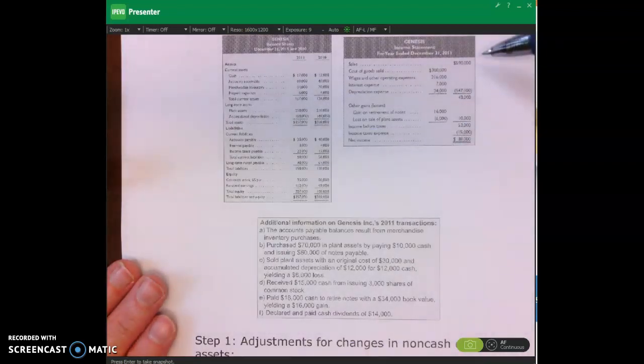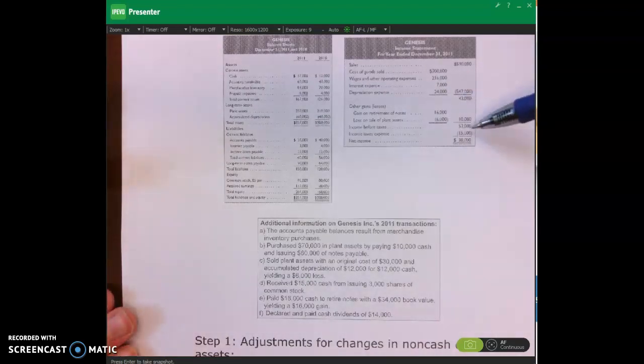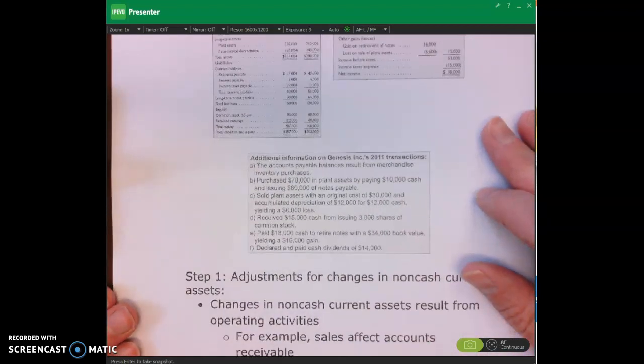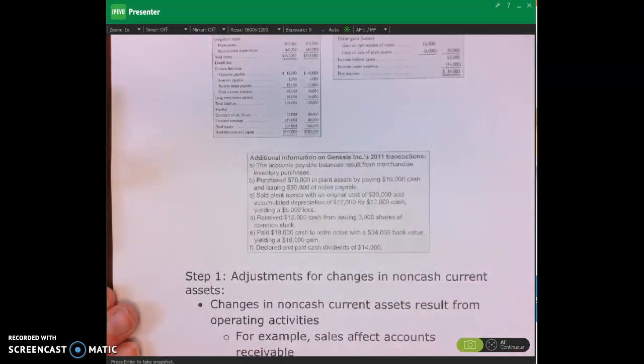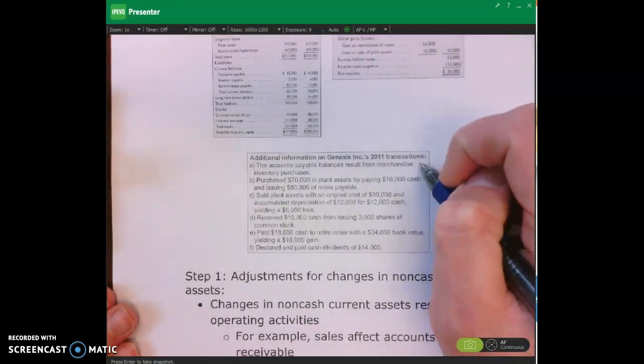And then we have our income statement. We have our sales, cost of goods sold, wages, other operating expenses, interest expense, and then depreciation. And then we have our other gains and losses, so on and so forth. We also have some additional information, which we'll come back to in more detail when we talk about the investing and financing sections of the statement of cash flows. The one I did want to focus on with our operating, though, is this.